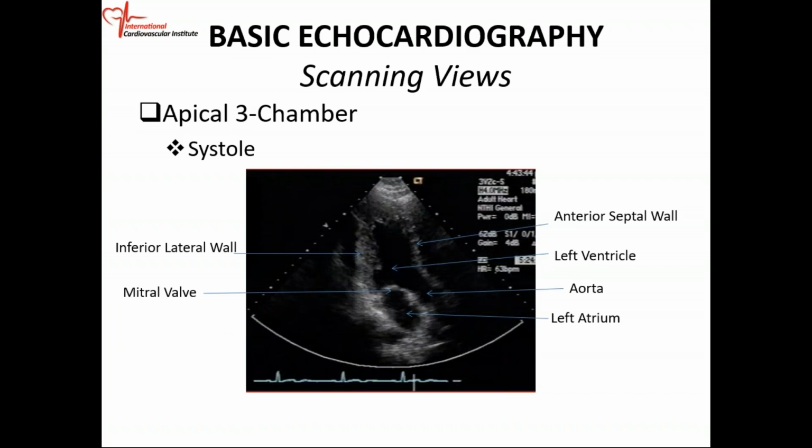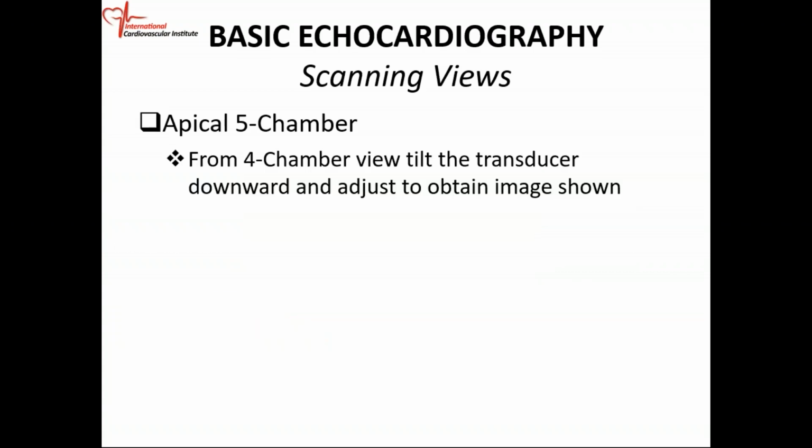To get your apical five-chamber view, what you do is, first, when you get your apical four-chamber view, and again to get your apical four-chamber view, the transducer is positioned in the fourth or fifth intercostal space along the mid-clavicular line if the patient's heart is not enlarged, and you get your apical four-chamber view.